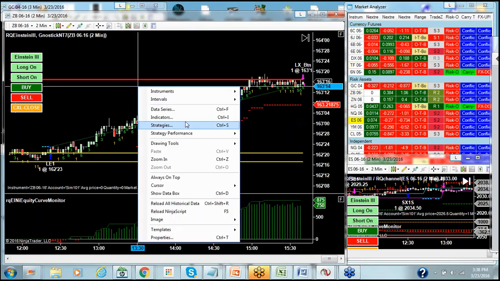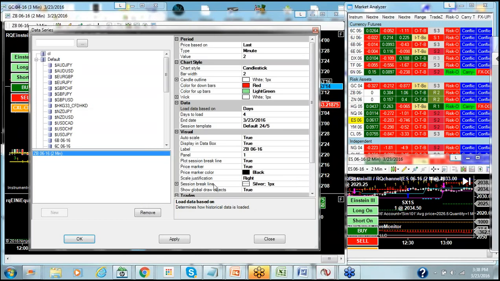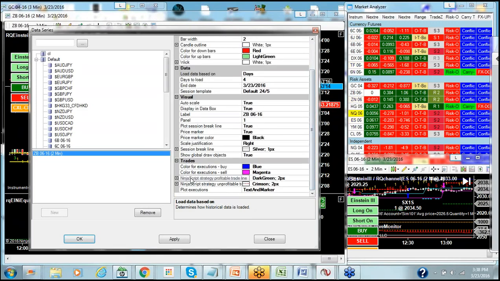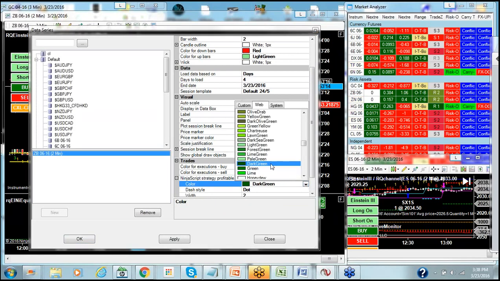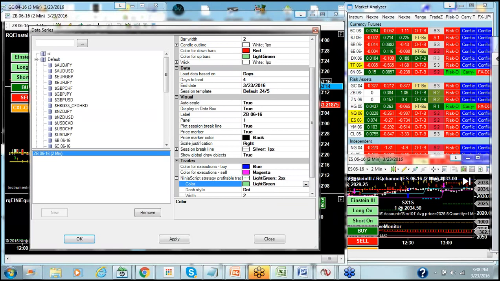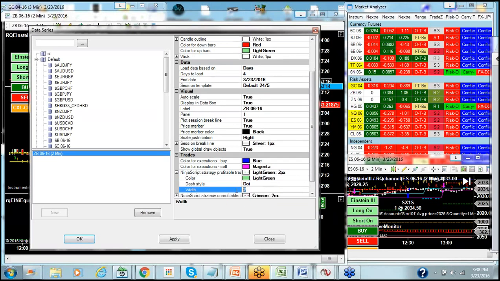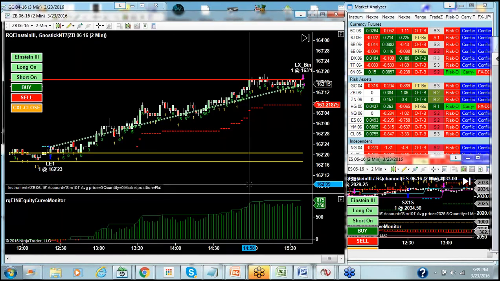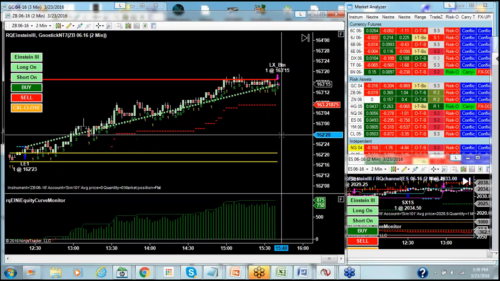Let me highlight it a little bit better so you get to see the entry and the exit. Picking a little bit better color. And there you go.